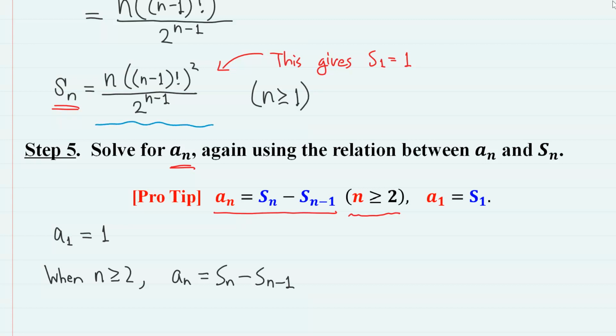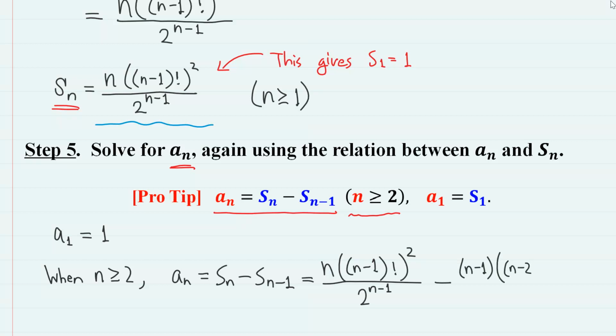So from here, we have n times n minus 1 factorial squared over 2 to the power of n minus 1, minus, now we have n minus 1 times n minus 2 factorial squared divided by 2 to the power of n minus 2.